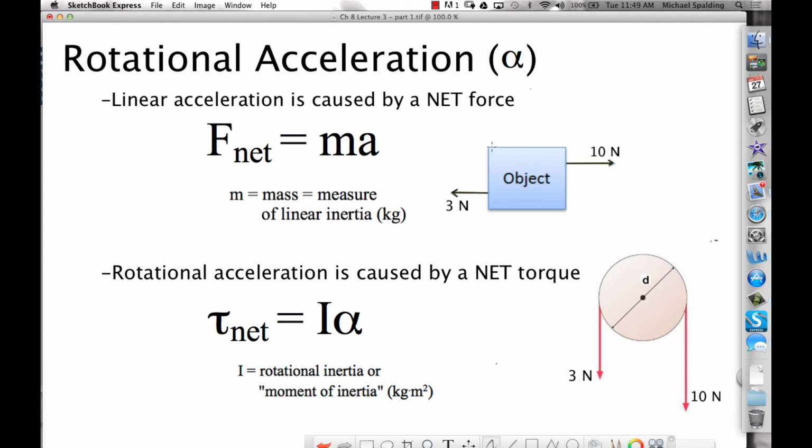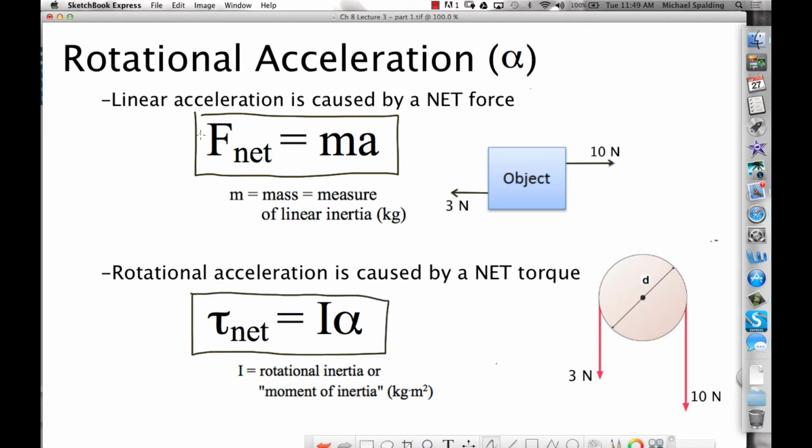Okay, so the thing that I want you guys to recognize, my goal for this lecture, is for all of you to see that F net equals ma and torque net equals I alpha. These two equations are equivalent to each other.